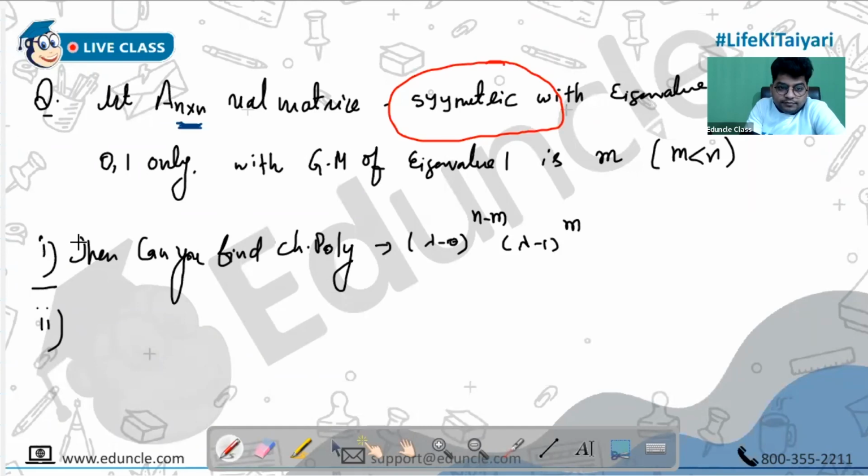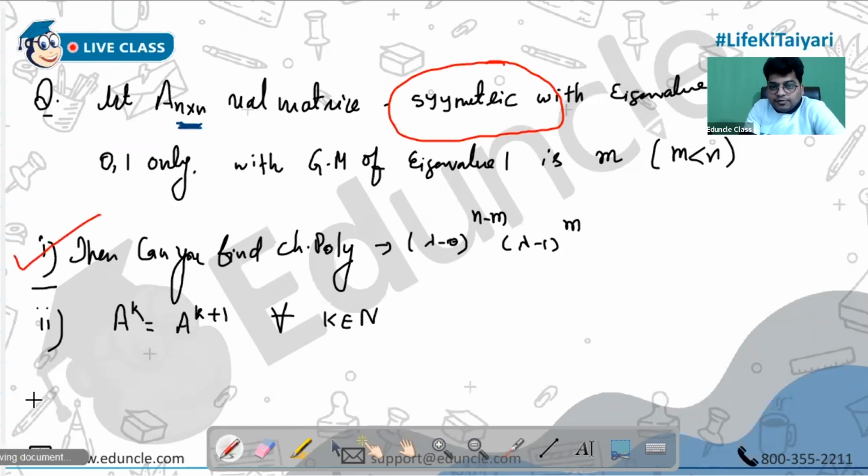Can I say by the help of this matrix that A to the power k is equal to A to the power k plus 1 for all k belonging to the natural numbers? So this is the right option. Okay? The second option is right. Is the second option right or not?